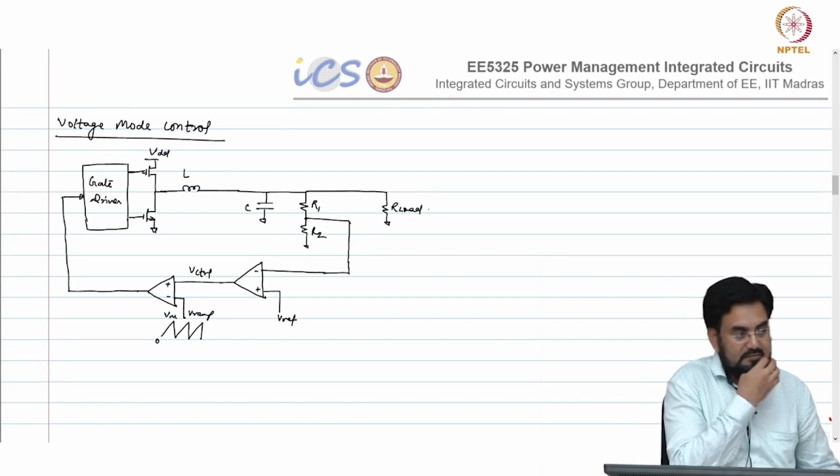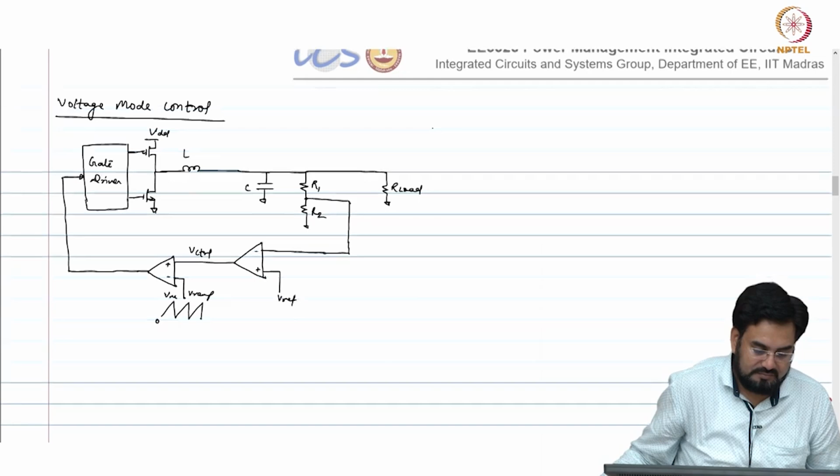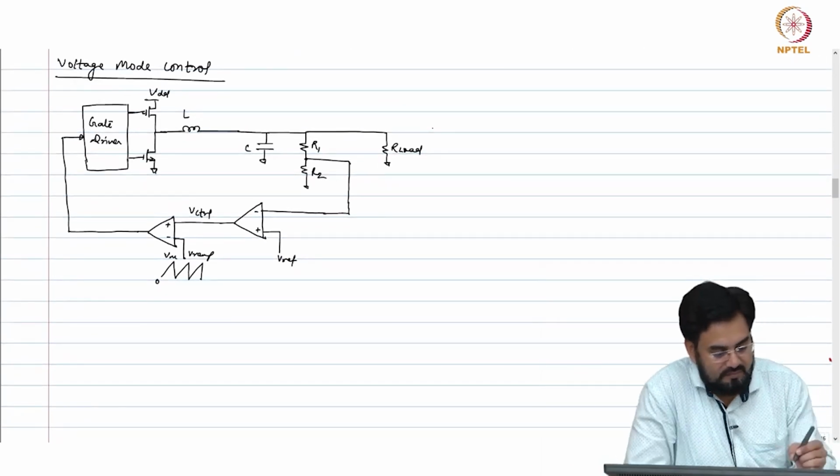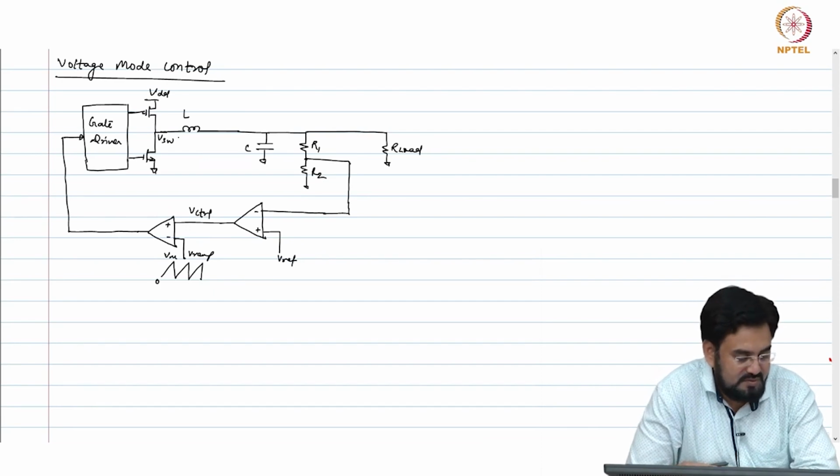R load. Okay. This is your VSW switch node.